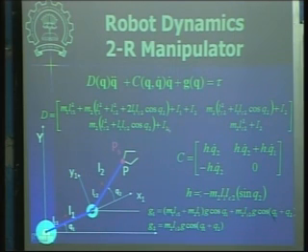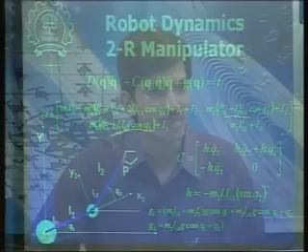Now you can notice here that this term and this term in the D matrix are equal. So in general, for all the D matrices that you get for robotic manipulators, the matrix will be symmetric. That is a property of this D matrix when you get it from the Lagrange formulation.